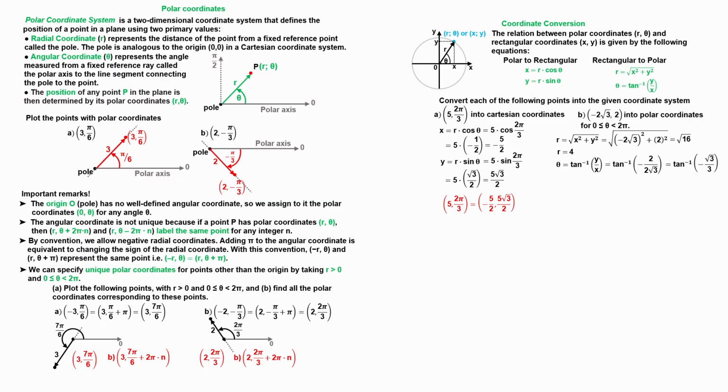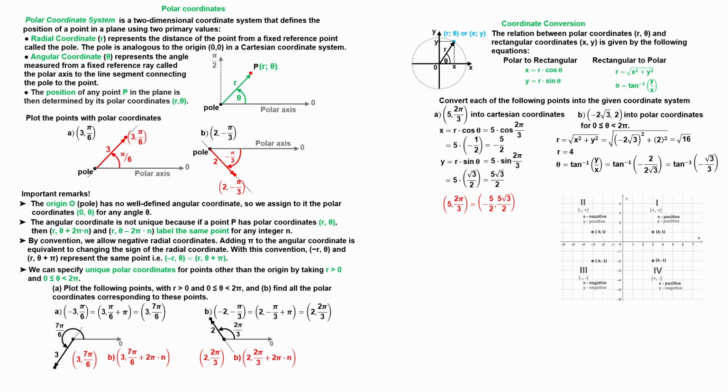And tangent negative occurs in the second and fourth quadrants. To determine the quadrant, we look at the signs of the x-coordinate and the y-coordinate. The x-coordinate is negative and the y-coordinate is positive. A point with a negative x-coordinate and a positive y-coordinate lies in the second quadrant.